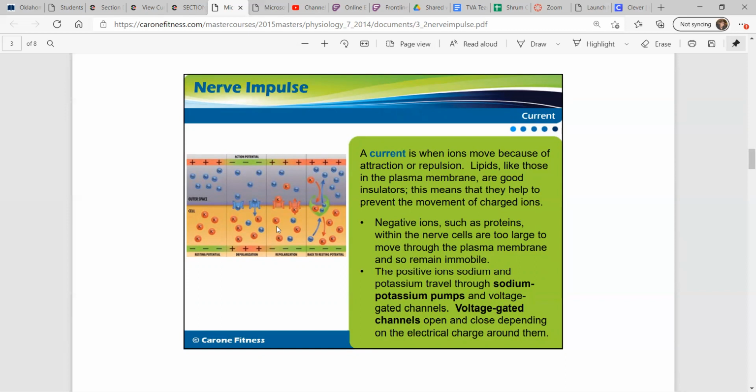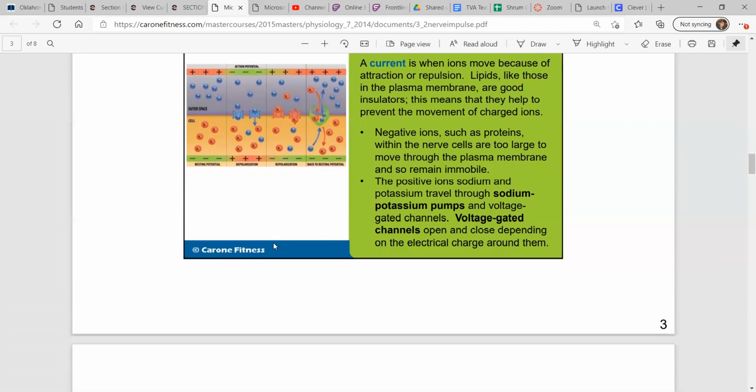Negative ions, such as proteins within the nerve cells, are too large to move through the plasma membrane, so they remain immobile. They don't move. The positive ions, sodium and potassium, travel through sodium-potassium pumps and voltage-gated channels. Voltage-gated channels open and close depending on the electrical charge around them.